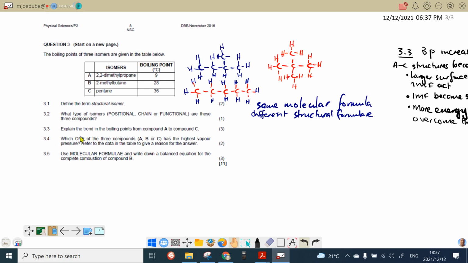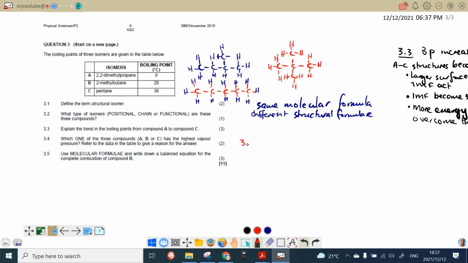And then your 3.4, which one of the three compounds, A, B, or C, has the highest vapor pressure? Refer to the data in the table to give a reason for the answer. Well, the one with the lowest boiling point must have the highest vapor pressure.